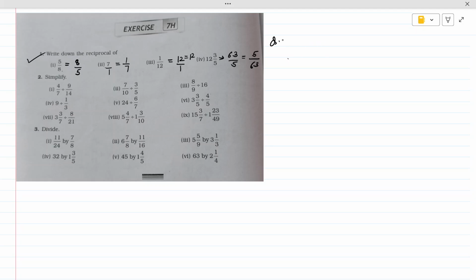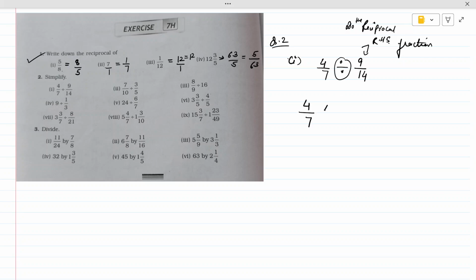So kids, we know that whenever we change the division sign to multiplication, we always take the reciprocal of the right hand side fraction, right? What that means is 4 by 7 is as is. I'm changing this to multiply.